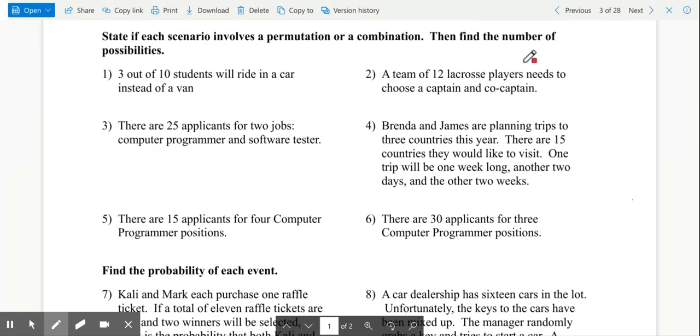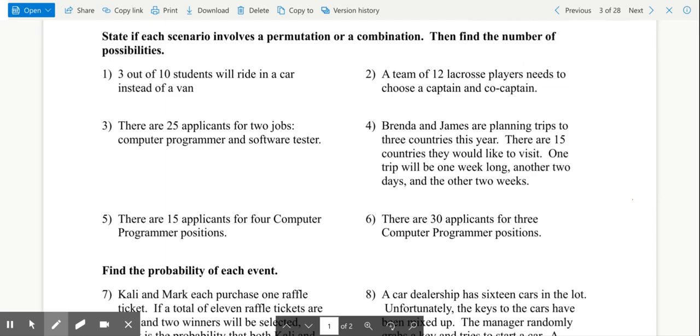A team of 12 lacrosse players needs to choose a captain and a co-captain. Now, I'm assuming that a captain and a co-captain are 2 different things, which means order is going to matter. I'm not just picking 2 people who are going to have the same role. I'm picking 2 people that are going to have different roles. So the order that I pick them matters.